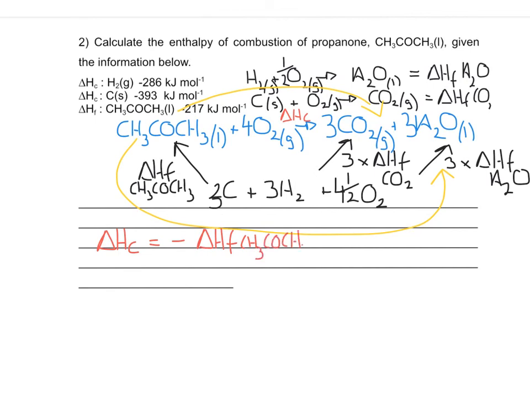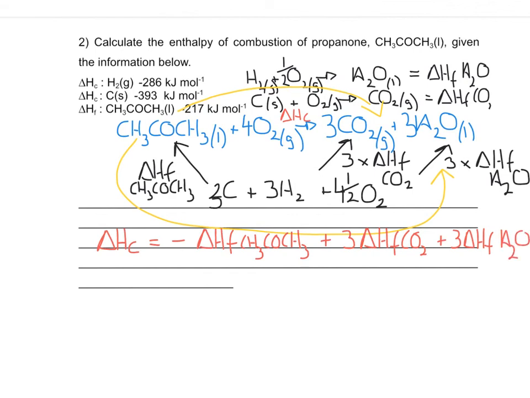We're going with the arrow this time, so it will be plus 3 times the delta HF of carbon dioxide. And be careful, you've got your 3 in there because we're forming 3 moles of it. Plus 3 times the delta HF of water.